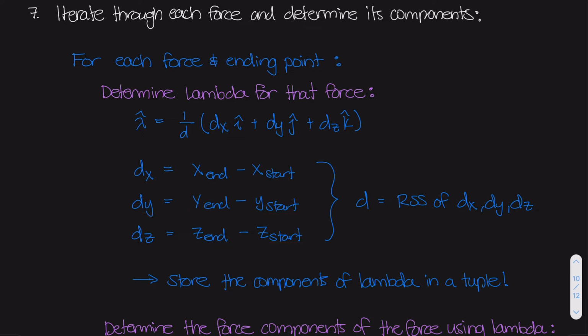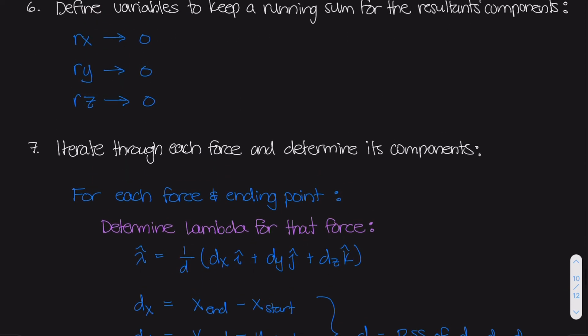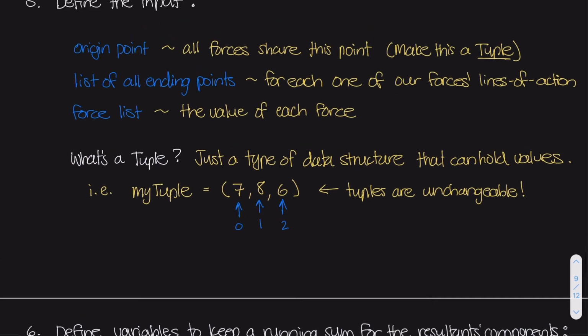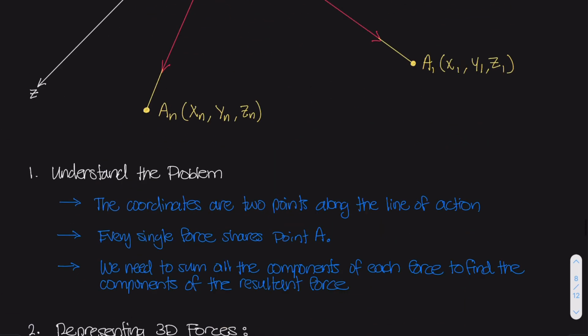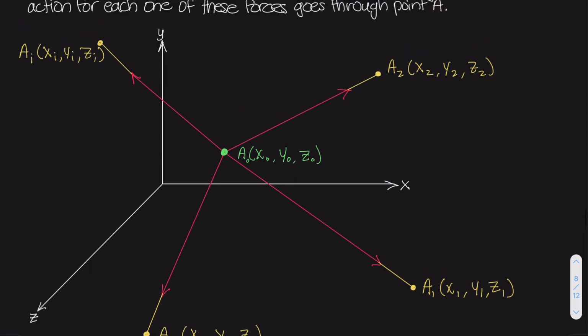The idea here is that for each one of these 3 components, we are going to look at the ending point as well as our starting point. Well, what was our starting point? Here I said it was the origin point. So if we look back at the diagram here, let's look at this force right here. The ending point is going to be A2, and the starting point is going to be A0, which we've said is the origin point.